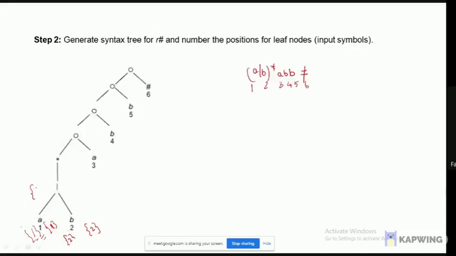So 1, comma, what is the first position of the right hand side? 2, right? So 2, they both will be taken. And similarly, last position: in case the string is generated from the left hand side, then 1 will be the last position character. And in case you are generating a string from the right hand side, then the last position of B is 2, that will be taken.